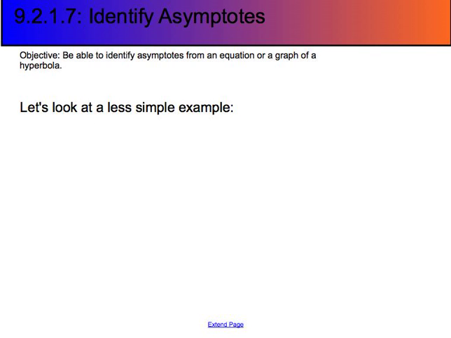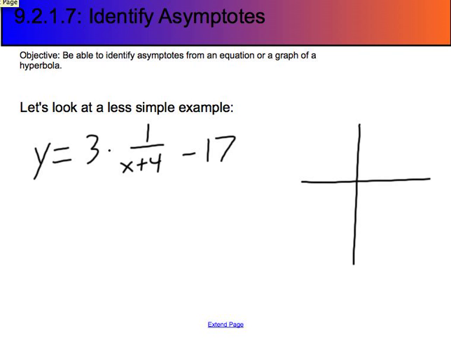All right, a less simple example. Here's an equation, y equals 3 times 1 over x plus 4, minus 17. And let me make a graph here while you're thinking about that one.